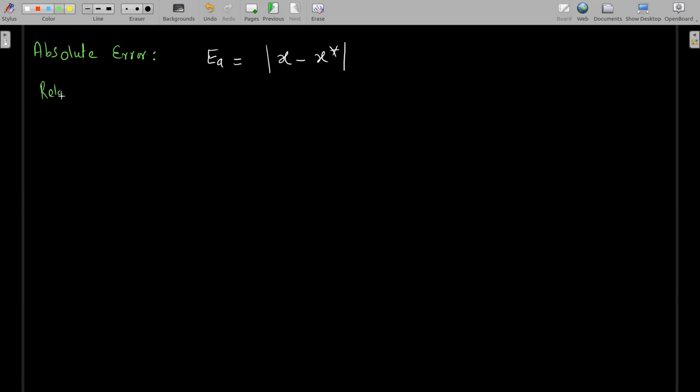And what is relative error? Relative error means absolute error divided by the true value. And if you want to write relative error in percentage, then you just multiply with 100. And that is called relative error in percentage.